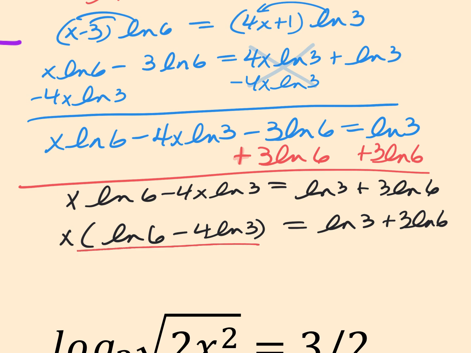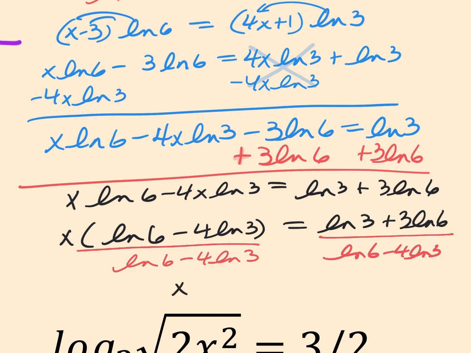I'm dividing both sides by ln 6 minus 4 ln 3. Once you do this on your calculator, rounded to 3 decimal places is negative 2.487. I do not need to check this one because my original problem was exponential.